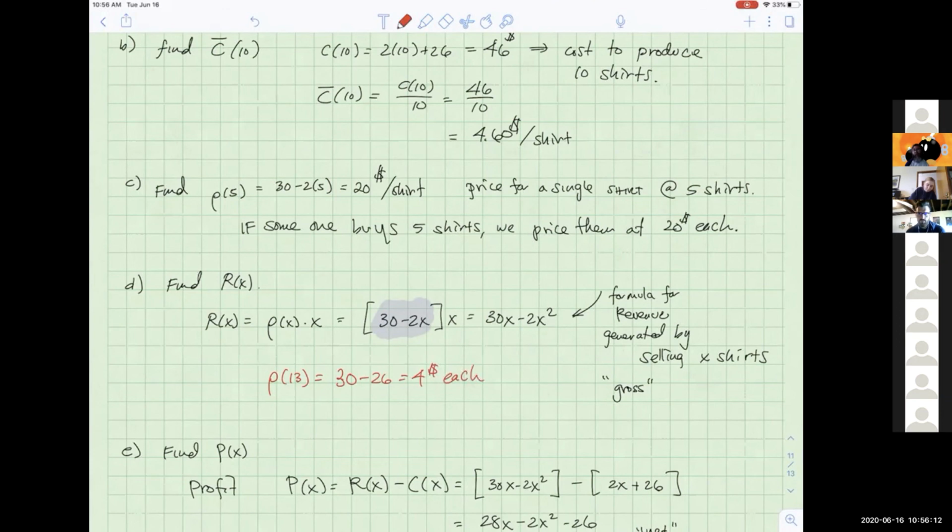And now you're not making enough money because you cut the price on your shirt so much that you're undermining your profit and you start losing money again after that, right? In fact, at P of 15, you're basically giving them away. So this isn't a good business model, but that's what the math says. For some reason, if you get 15 t-shirts, you're pricing them at $0 each. That's kind of a bad business model. But there it is. Anyway, there's some business examples.